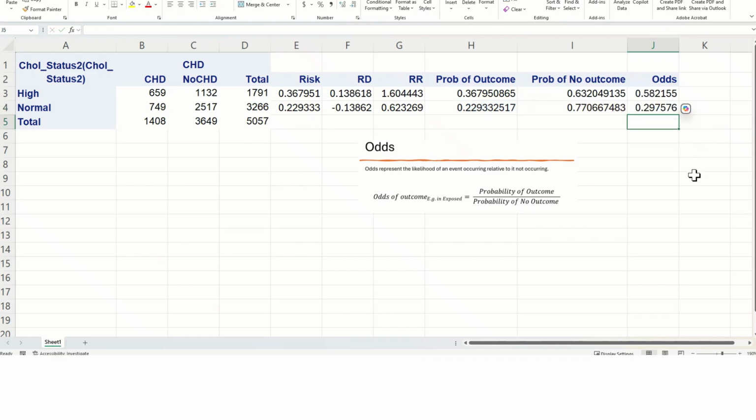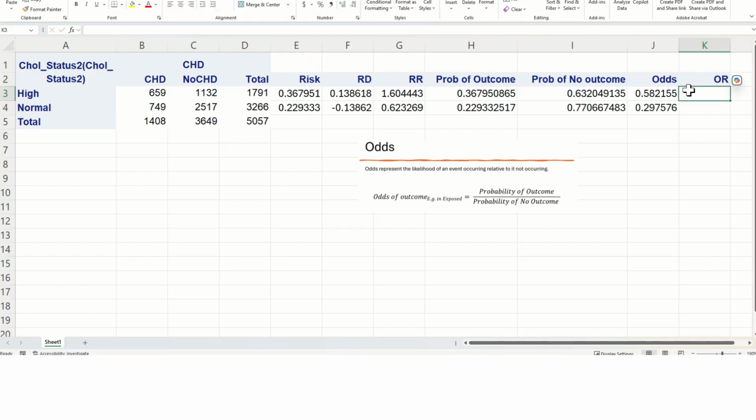So now we have these values which are kind of a little exaggeration of the relative risk, but we can say that the odds of developing chronic heart disease among high cholesterol individuals is 58%, and the odds of developing chronic heart disease among normal cholesterol individuals is 29.7%, and the odds ratio is simply the comparison of these two values.